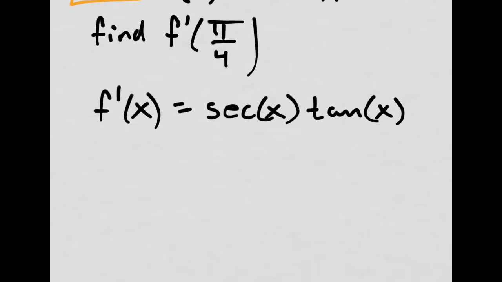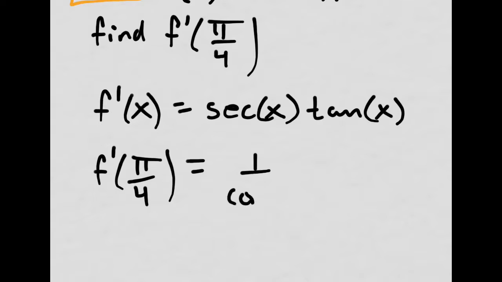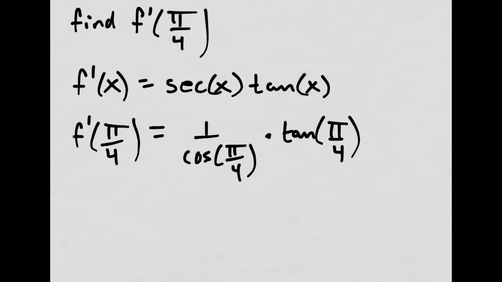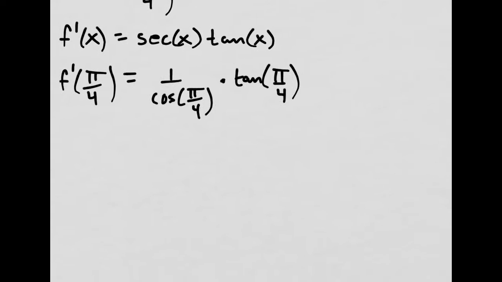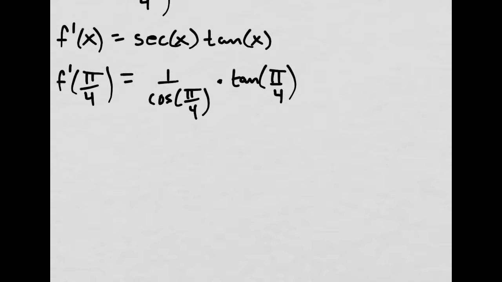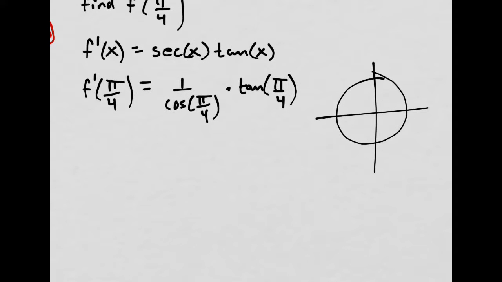So now we just plug in the pi over 4. Oh, I don't know what secant of pi over 4 is, so I'm going to change the secant into 1 over cosine. And then I can plug in the pi over 4. Okay, so now I'm going to go to my unit circle. Hopefully you have the unit circle memorized. It's very, very useful if you have it memorized, or you know how to build it.